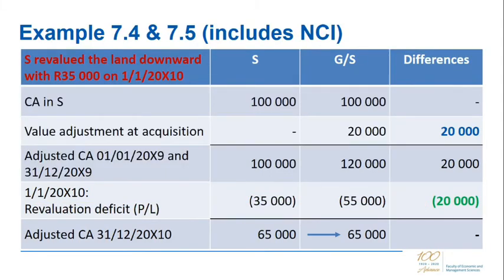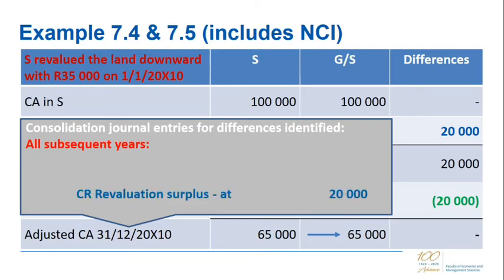If I have to prepare the consolidation journal entries for this scenario in 20X11 or any subsequent reporting period, the following would apply. I still create my credit to revaluation surplus at acquisition. If I do not create that surplus, I do not have it available to eliminate through the at acquisition consolidation journal entry.